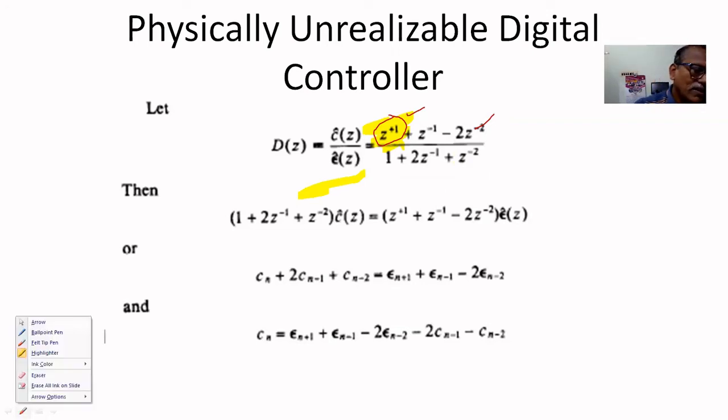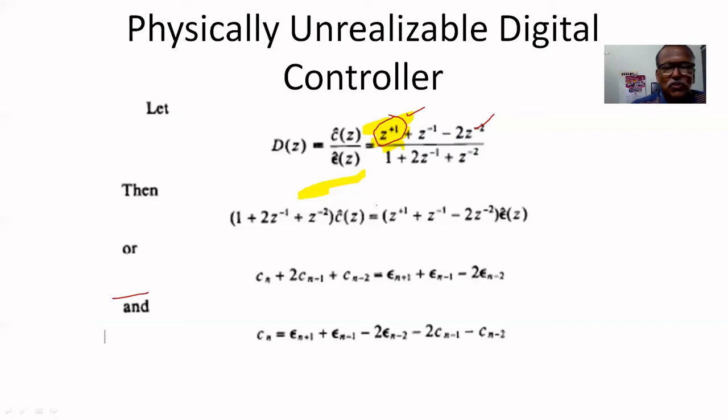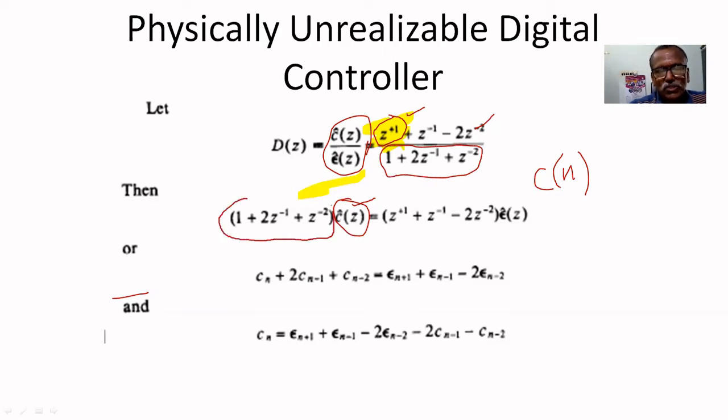How to find that? We should find the controller output. C is the controller output. C of n we have to find. For that, you cross multiply. So C of z is multiplied by the denominator, 1 plus 2 z power minus 1 plus 2 z power minus 2.